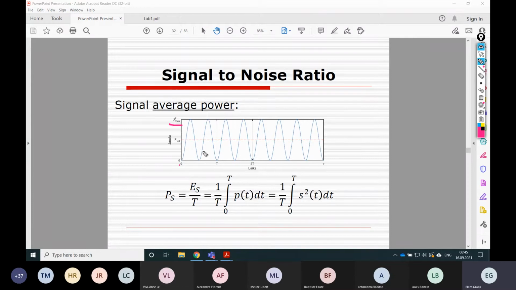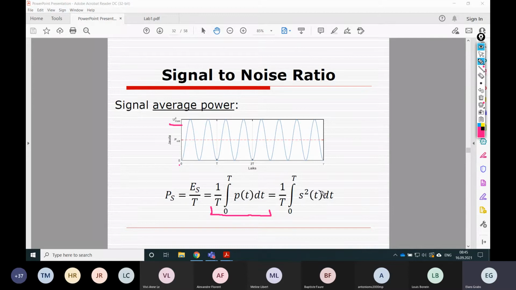So for a continuous function, you use an integral as a limit of adding an infinite number of points. But under this integral, you need to remember that it's actually just a simple summation of all the values in this range, divided by the length of the signal.